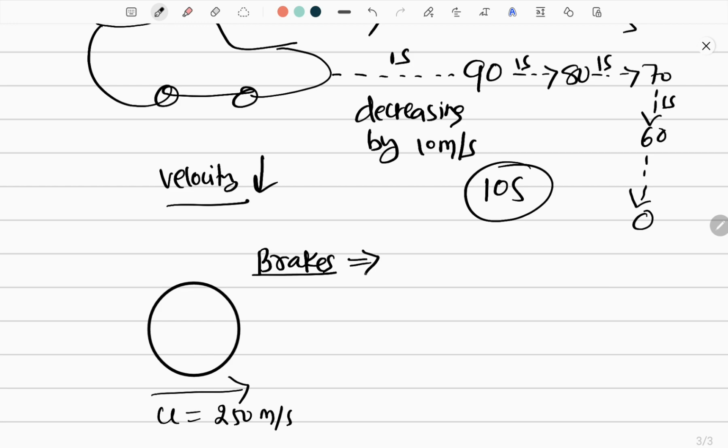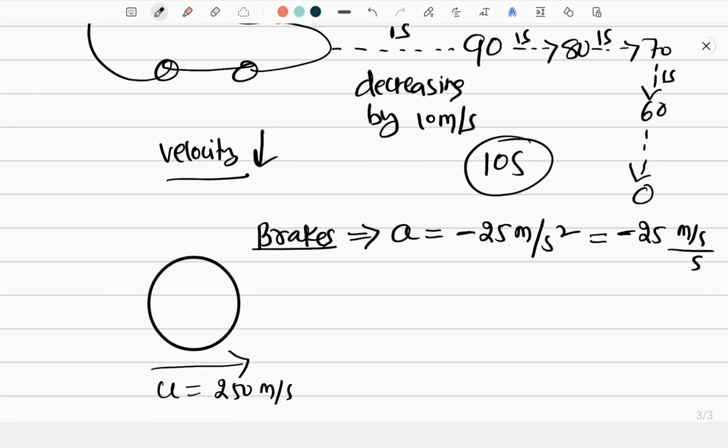Brakes are applied, and we found that the acceleration of this body is, let us take it as, minus 25 meter per second square. Make sure you understand what minus 25 meter per second square means. It means for every second the velocity is decreasing by 25 meter per second.